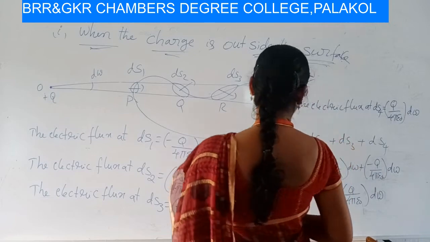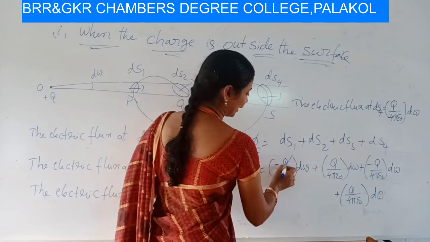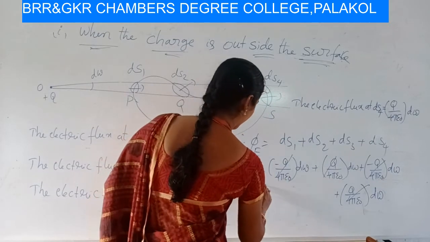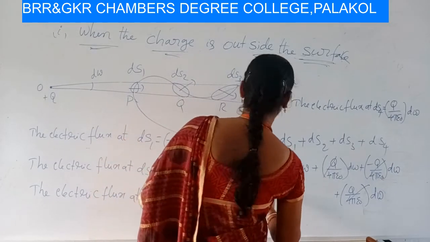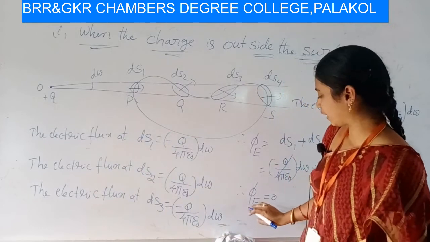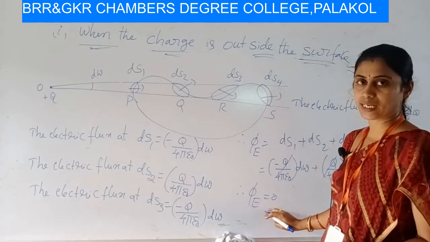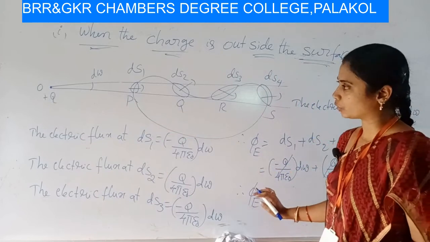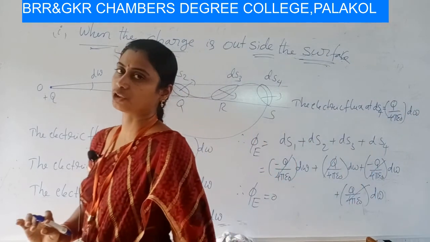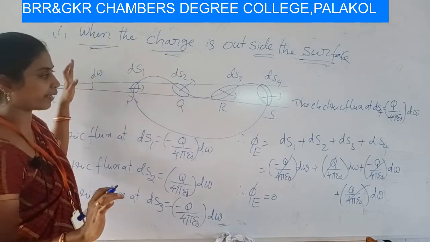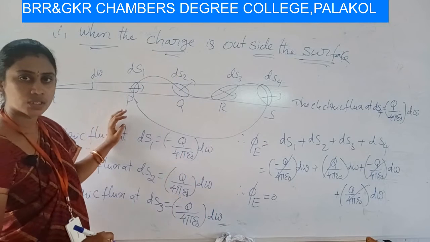So 2 are positive and 2 are negative, so all the flux values cancel. Therefore phi is equivalent to 0. Here the total flux for this entire surface is identically equal to 0. So whenever we take the point charge outside the closed surface, the total electric flux for the entire surface is equivalent to 0.